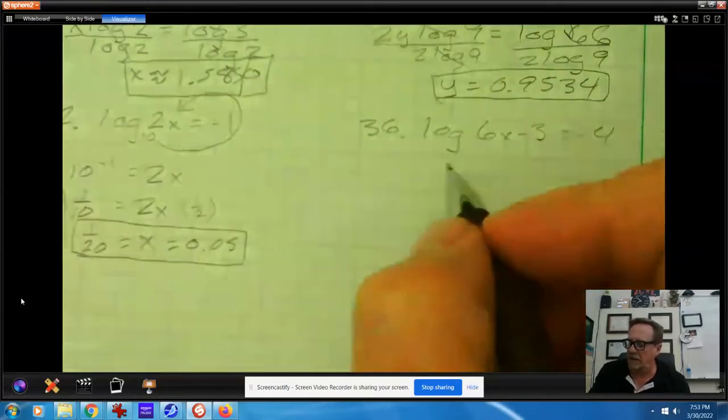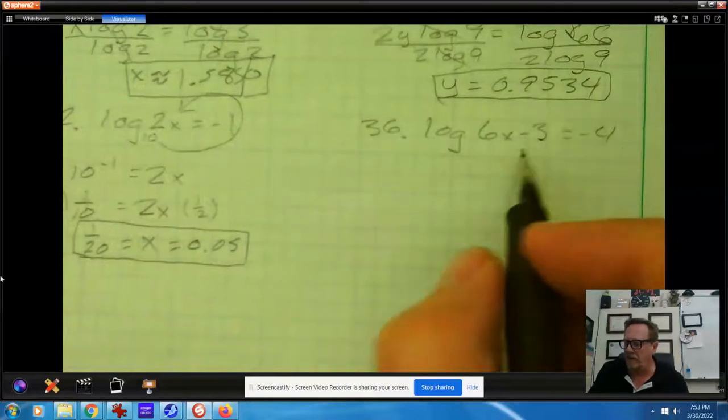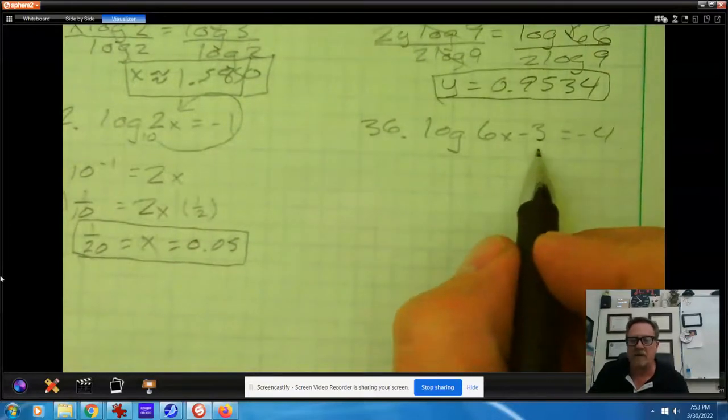One of the teachers from a long time ago used to say, to solve these, you have to clear the bushes away from your logs and then go fishing. So we've got to clear the bushes away, and right here, this is a bush.